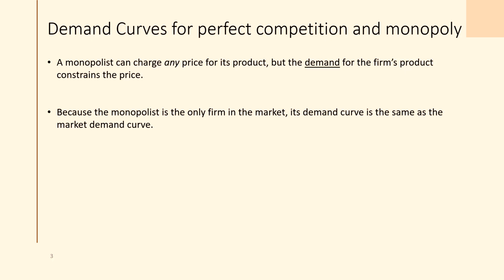Because the monopolist is the only seller in the market, the firm's demand curve is the same as the market demand curve. This is a major difference from perfect competition, where an individual firm faces only a small part of the market. So when we analyze monopoly, the firm must always consider the downward sloping demand curve faced by the entire market.